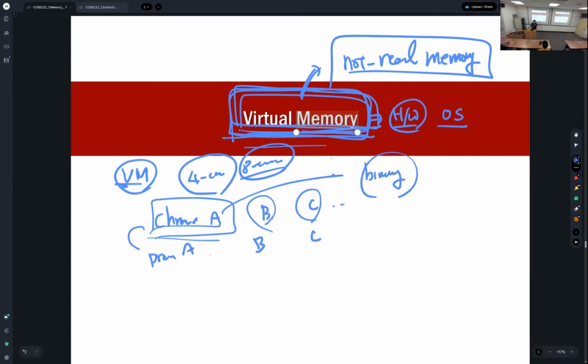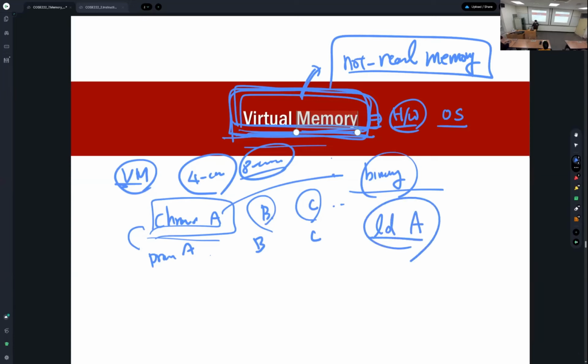Actually, this is the binary code. When we write code, it is compiled to a binary file, and the binary file includes the machine code, right?